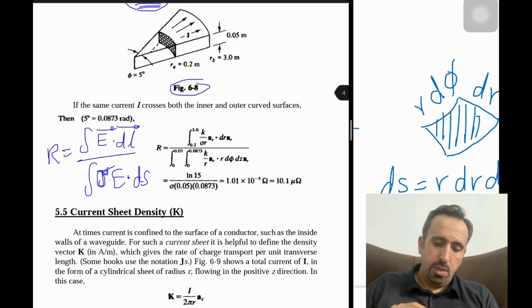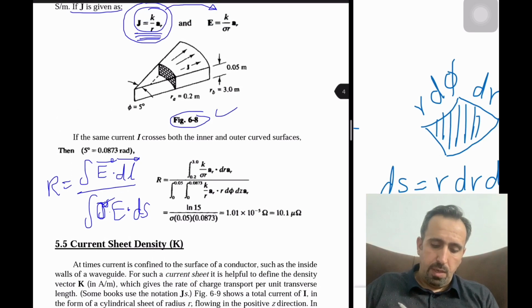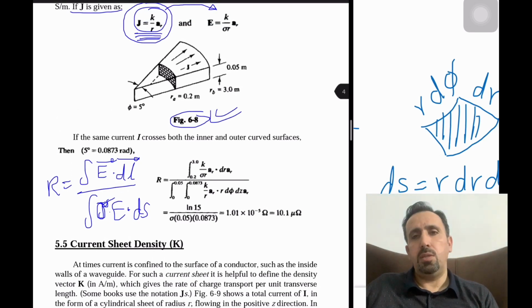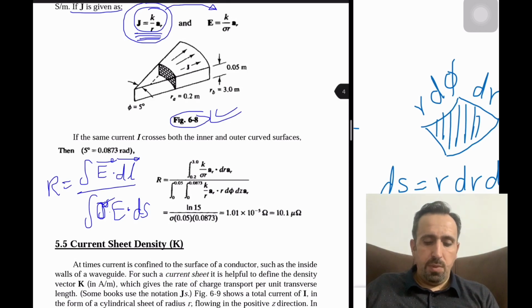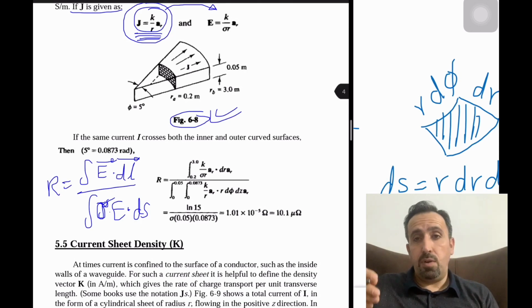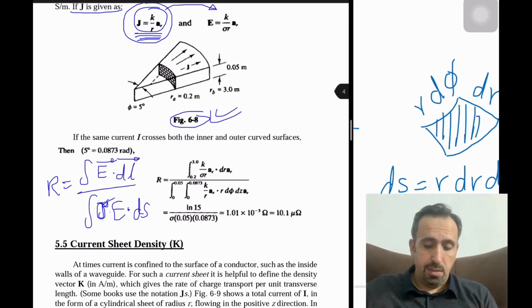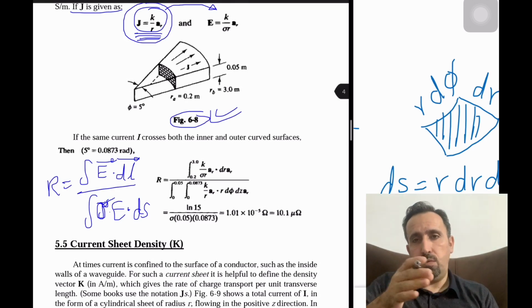Why? Because in figure 6.8 you have the dimensions of the given structure. You have certain specified dimensions for it. From these dimensions you can get the limit for the height, for example for the z-axis. You can get the limit for r, and even the limit for the rotation, for phi.